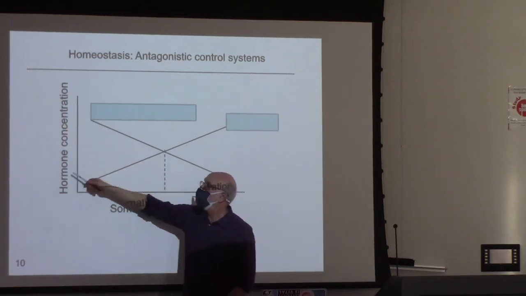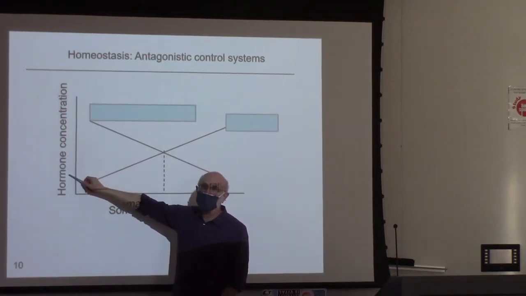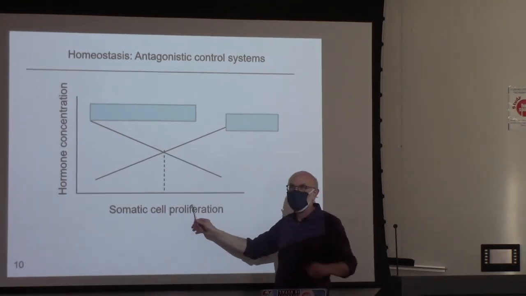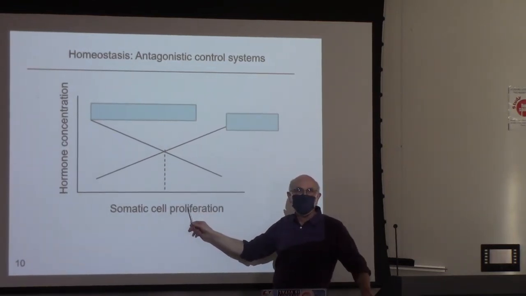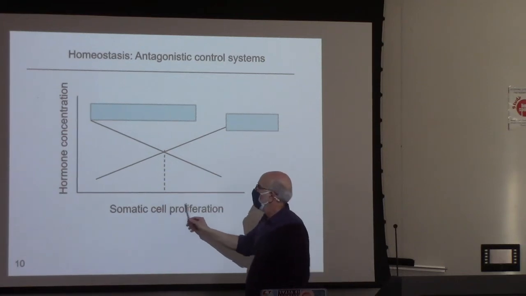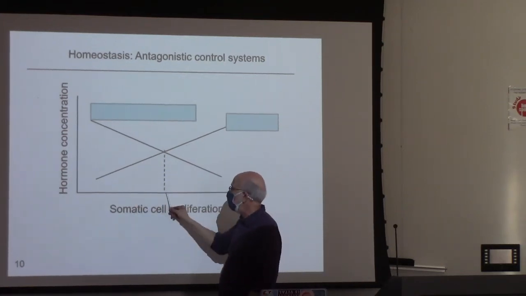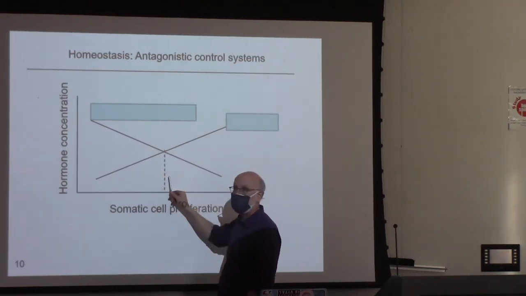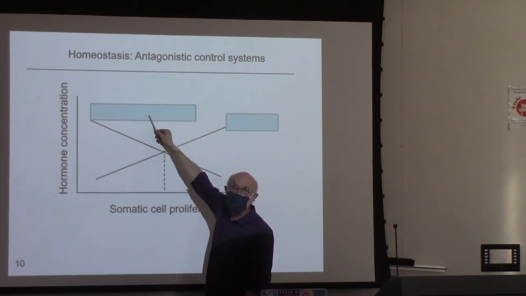So this is the response, the dependent variable, to the set point, the independent variable. If there is lower than expected cell proliferation, we want more cell proliferation to get to the set point, so GHRH.